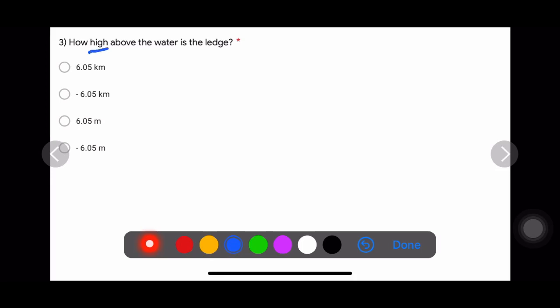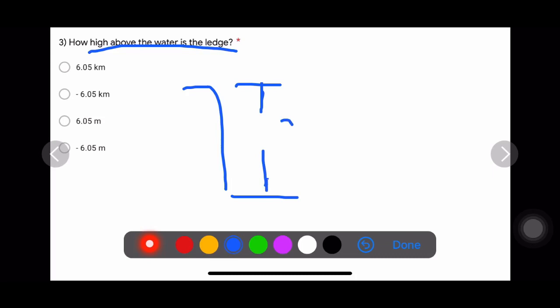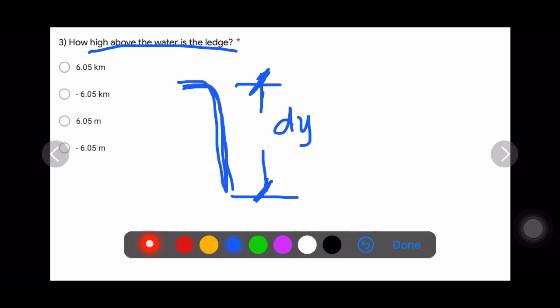Obviously we're just going to solve for the maximum height, or the height of the ledge. Since this is along the y-axis, that is our dy. Take note, class, that since the ball is going downwards due to Earth's gravity, our dy will have a negative value. The negative value doesn't mean that the position is negative. It just means that the object is going downwards.